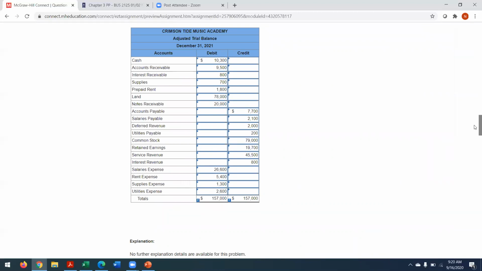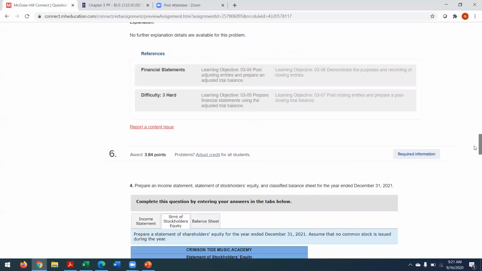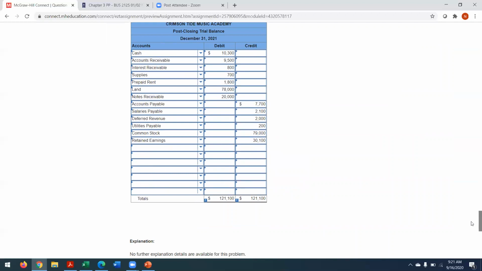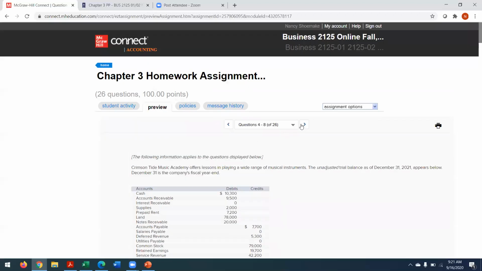Once we have prepared our financial statements, we need to get ready for the next period, which then means we prepare closing journal entries, which only close out our temporary accounts, the revenues, the expenses, and the dividends, to zero them or to flow them into retained earnings. So the only thing we have left are our permanent accounts, so we can get ready for the next accounting cycle.